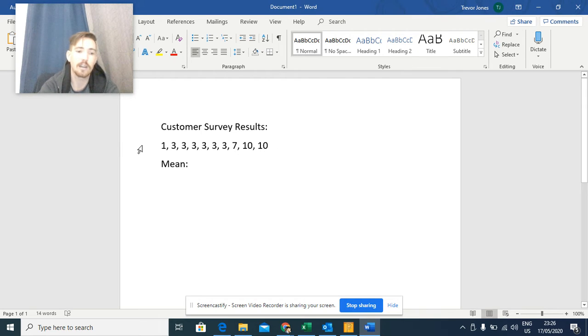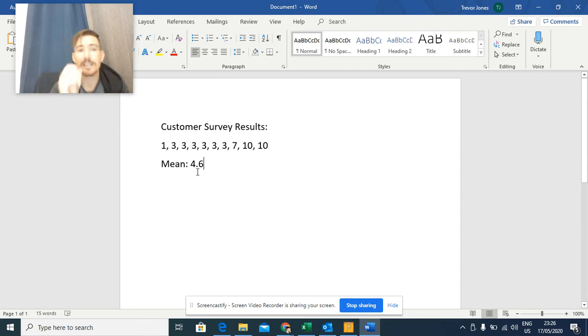Divide that by 10, and that's going to be 4.6. That's your mean. So your mean is greater than 4. That means that on average, customers are more satisfied than unsatisfied, right? That means that your customers are still going to be coming back if you're looking at the average.